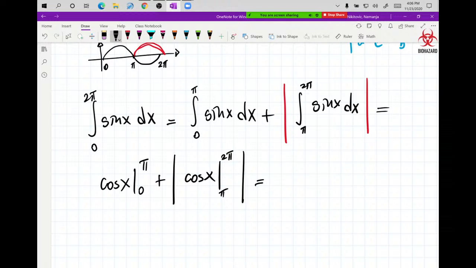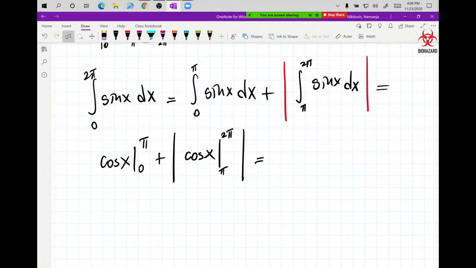All I need to do now is plug all of these values in, and I'm done. So we have cosine of pi minus cosine of 0, plus, in absolute values, cosine of 2 pi minus cosine of pi.